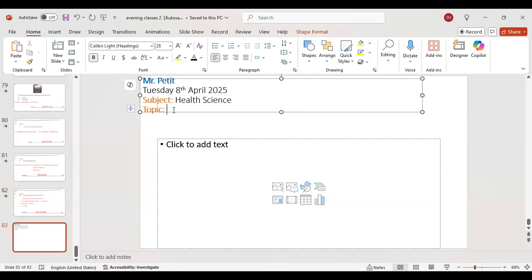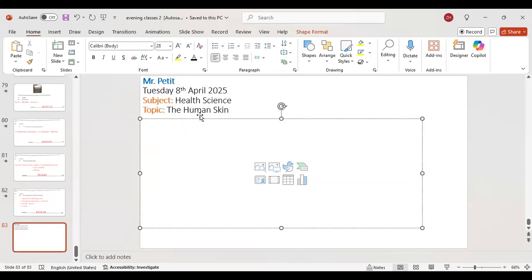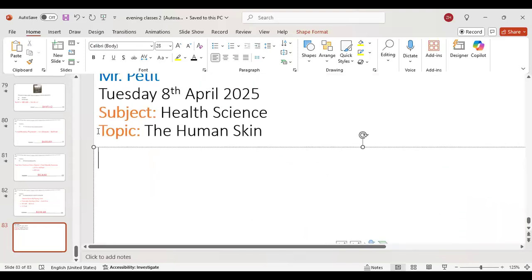So we're going to talk about one of the main excretory organs, and one of them is definitely going to be the human skin. Fortunately, if you are able to hear me and see what I'm writing and understand what I'm saying, more than likely you have skin, right? Otherwise, you would be dead.